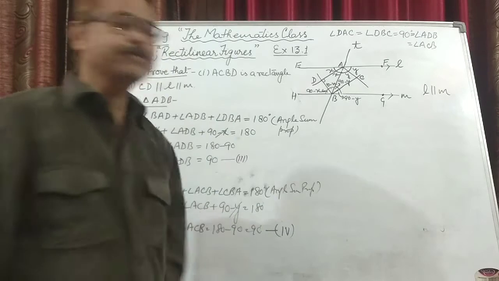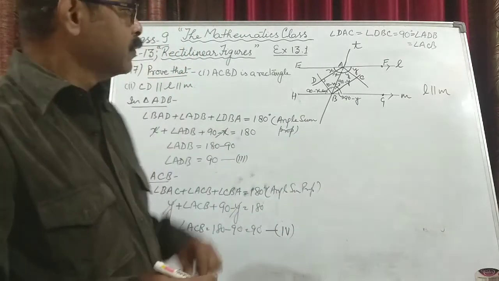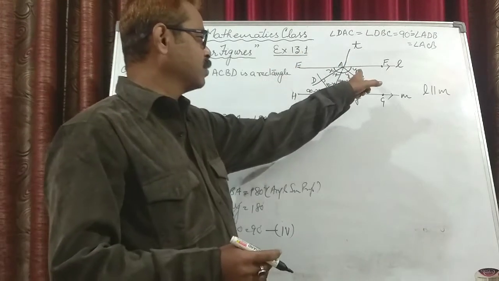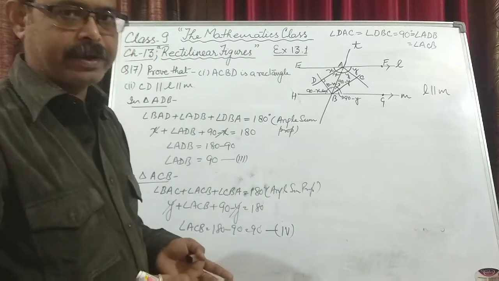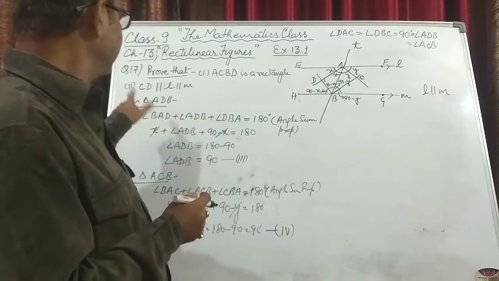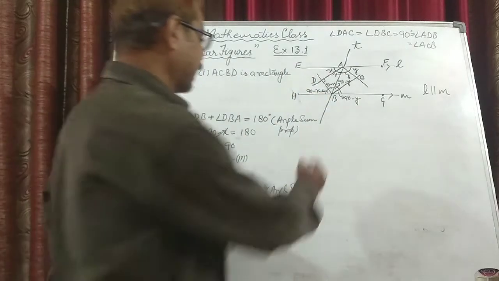Now with the help of all these 4 equations, equation 1, 2, 3 and 4, we can say that angle A is equal to angle C is equal to angle B is equal to angle D, and all the angles are equal to 90 degrees. Hence the quadrilateral ACBD, as written previously, is a rectangle.